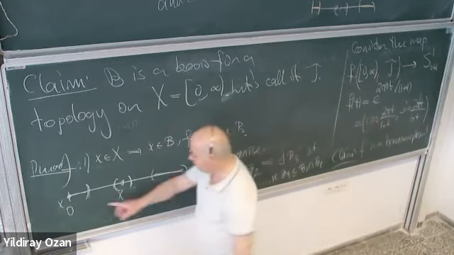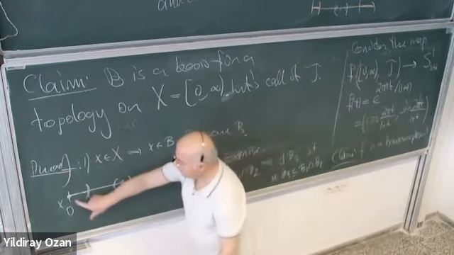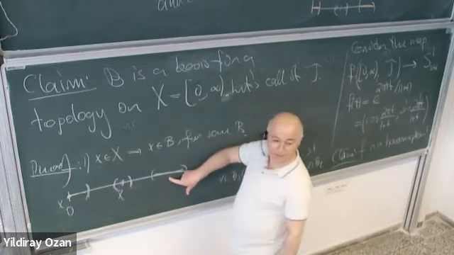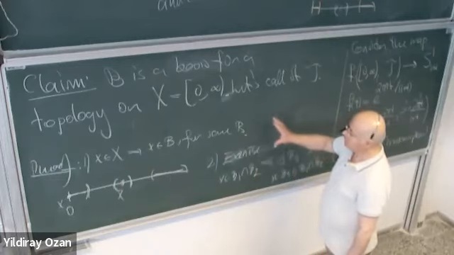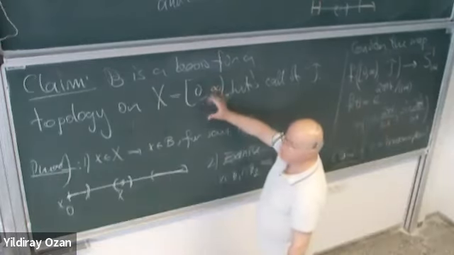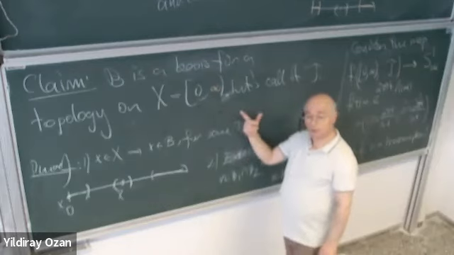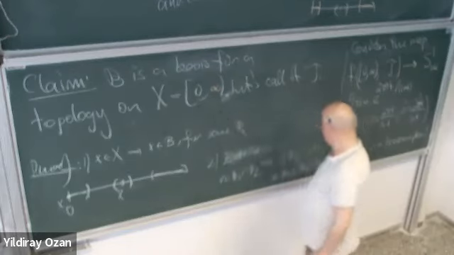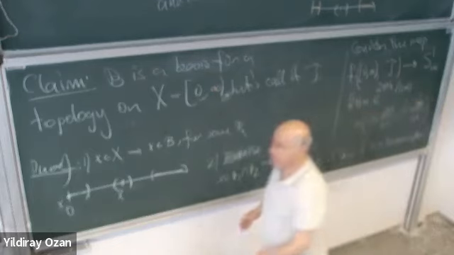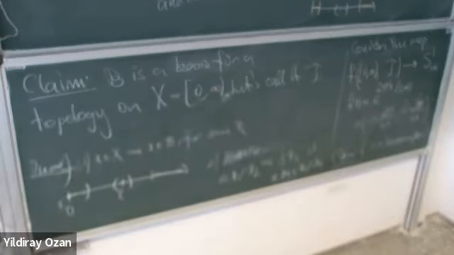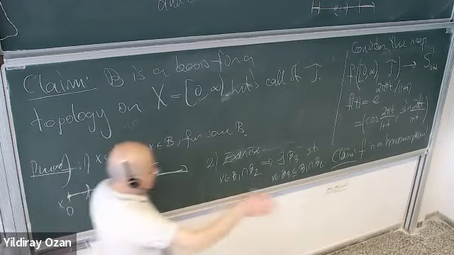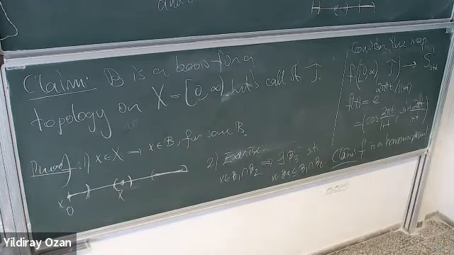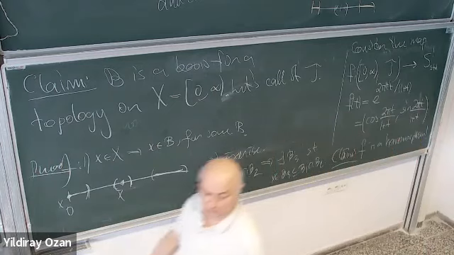I have these strange open sets. This topology is weaker than the topology inherited from R. So let me write a remark: if you start with the standard topology on this interval and throw away some open sets, you end up with the circle.